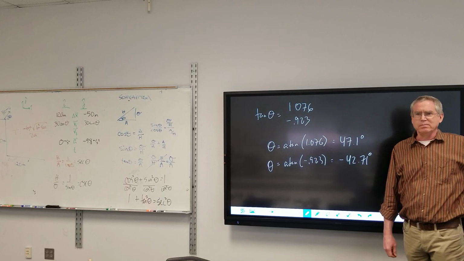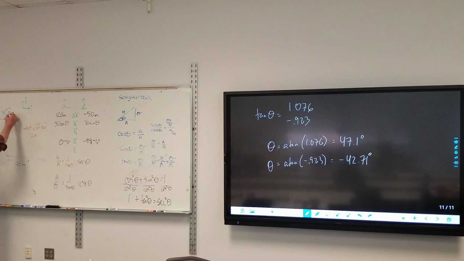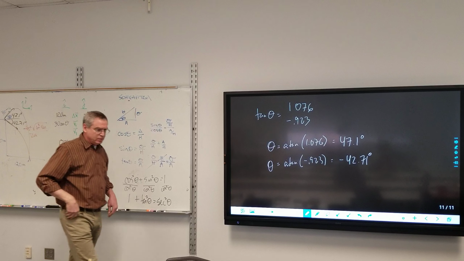Assuming that's zero, it is being shot up at a 47.1 degree angle like that, or it could be being shot down like that at a 42.71 degree angle. This one's going to hit like that, and this one's going to come up and then down. There are two answers here. Both of them are legitimate. Both of them are correct.